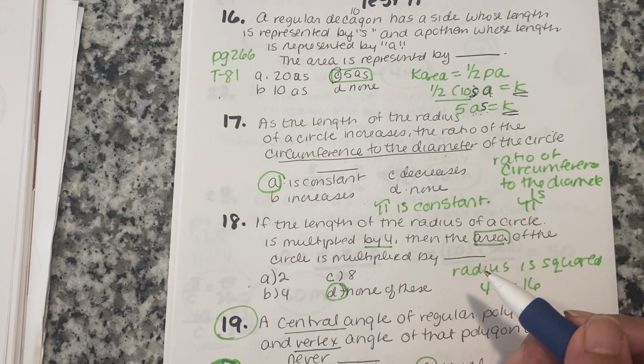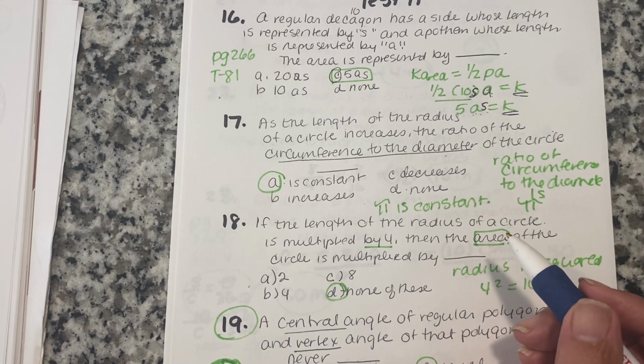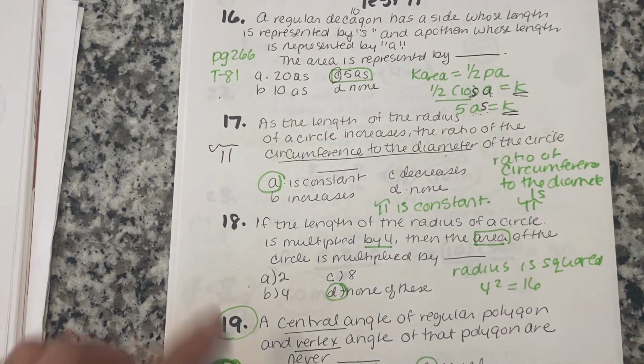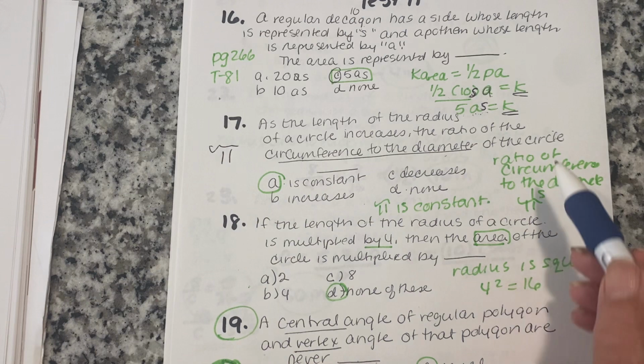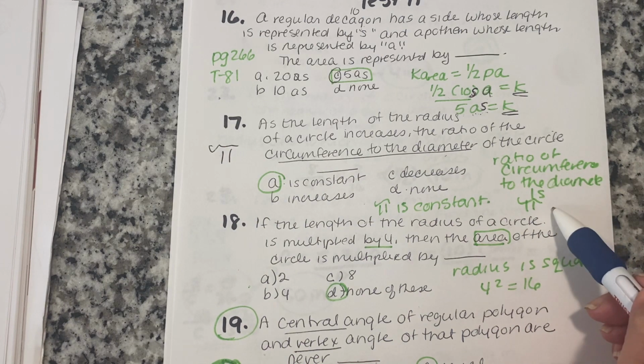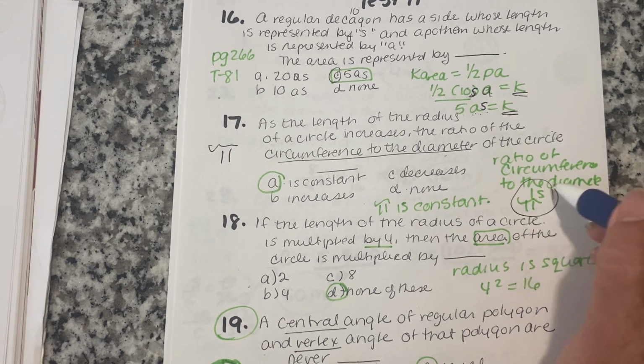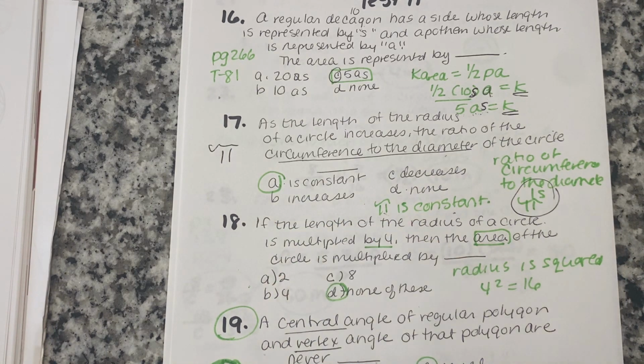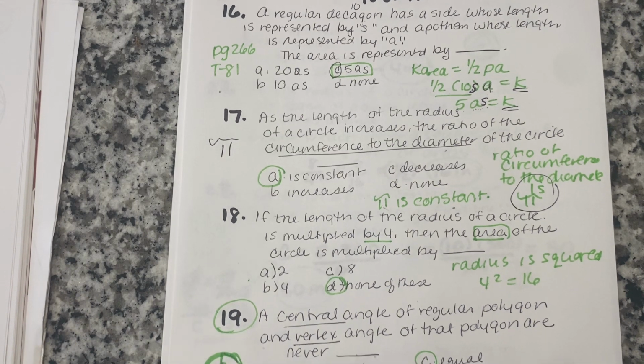You remember? This is our big thing. The ratio of the circumference to the diameter is pi, for goodness sakes. It's always constant. Remember that pi is the ratio of the circumference to the diameter. It's always the same.